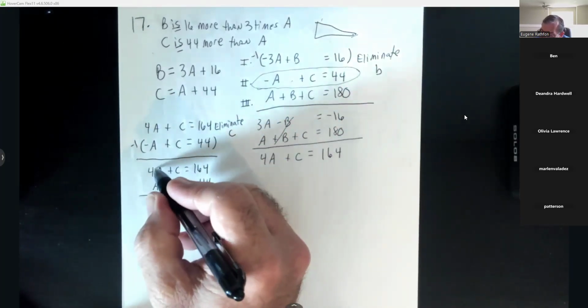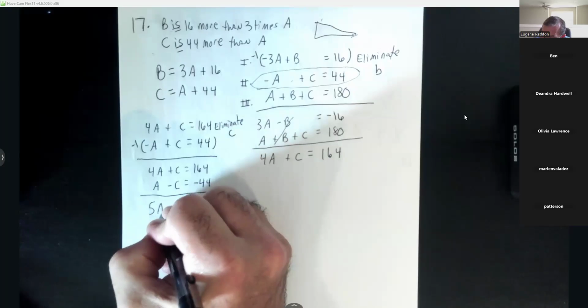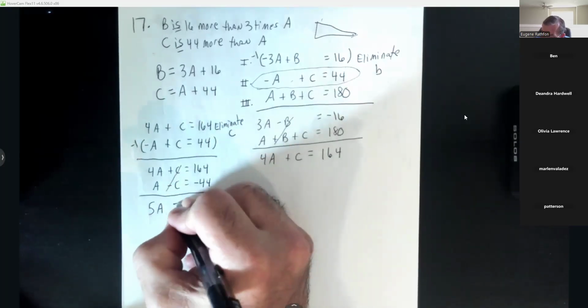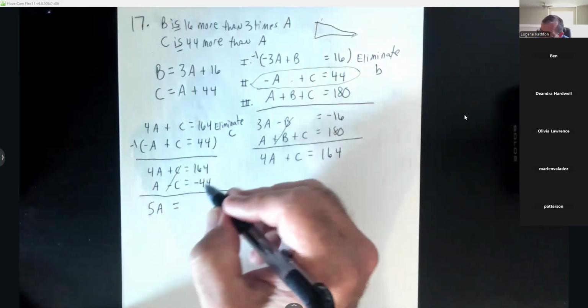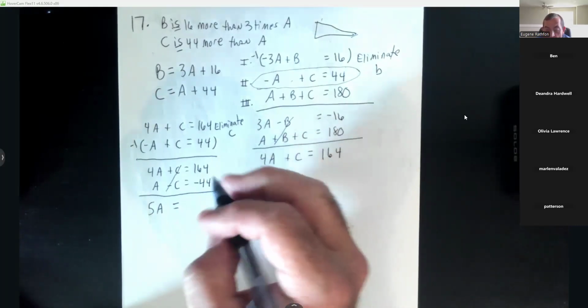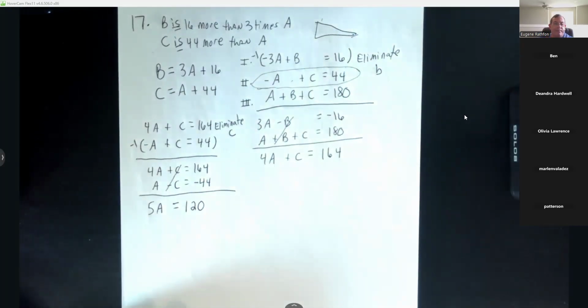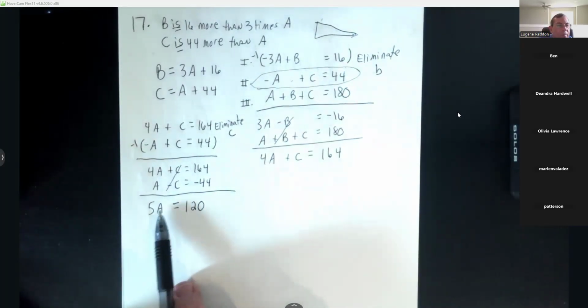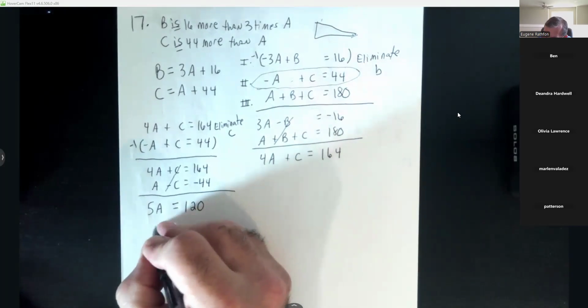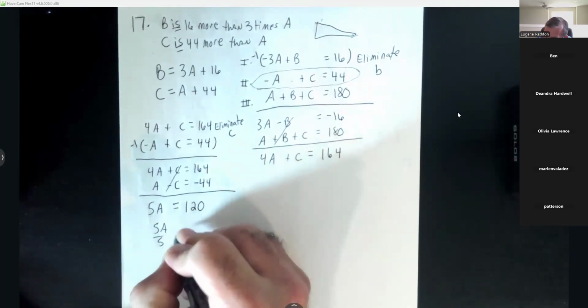All right, y'all, let's see. 4 and 1 give me 5A. C's cancel. And then 164 minus 44 gives me 120. So now I can solve it and get angle A. Divide both sides by 5.